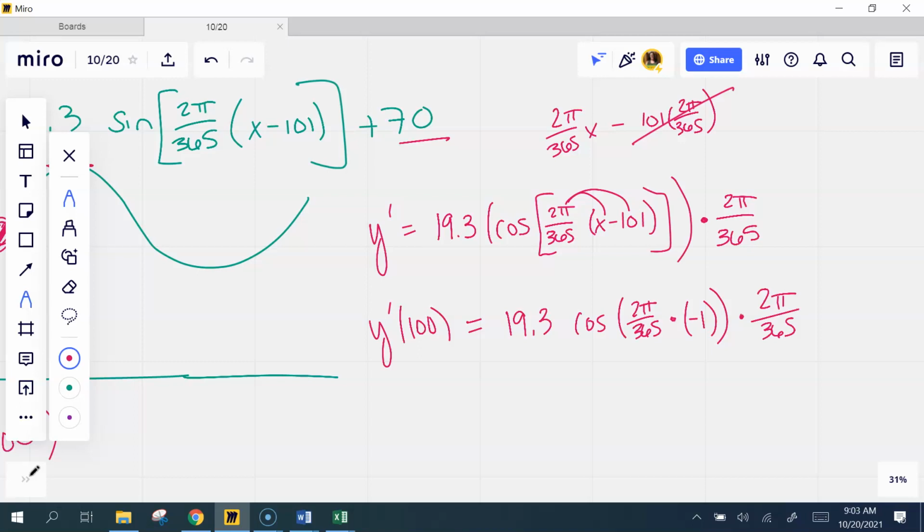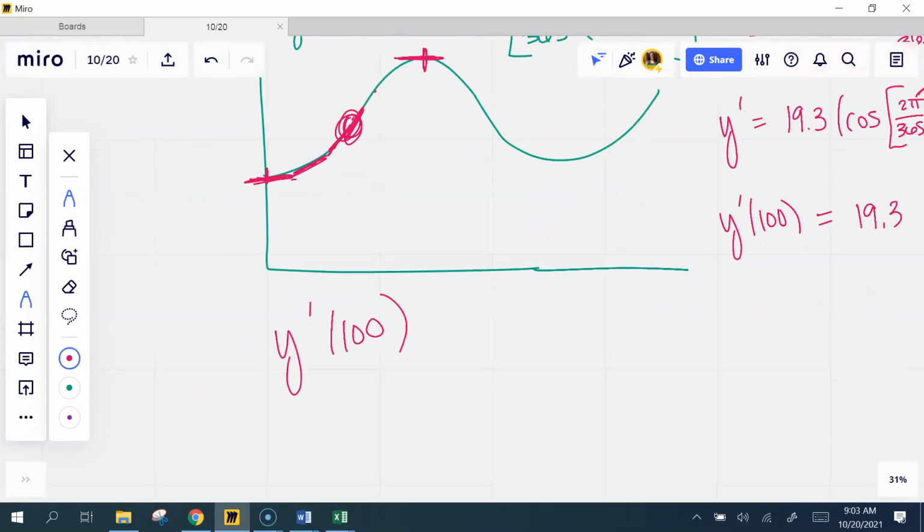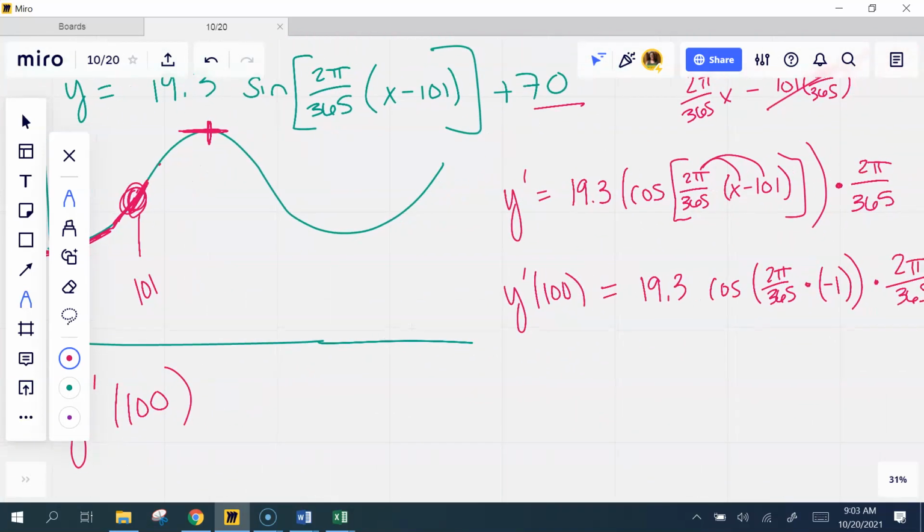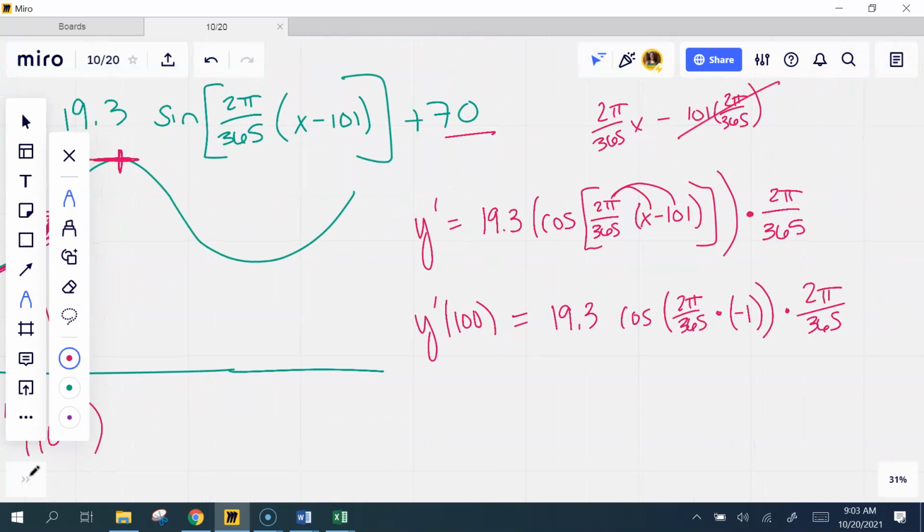It'd be 0. If I said this is 101 and not 100, I just looked at the equation and said, if we had evaluated this at 101 instead of 100, that would make this go to 0, which means I'm finding the cosine of 0, and I can do that very easily. So I think I'll do that.